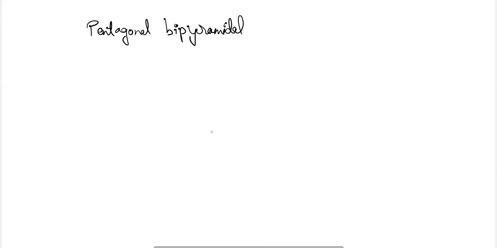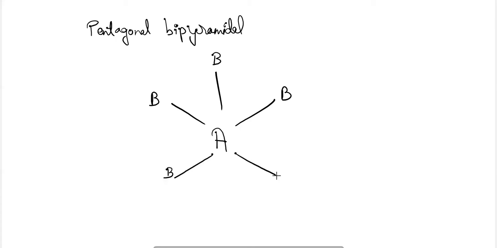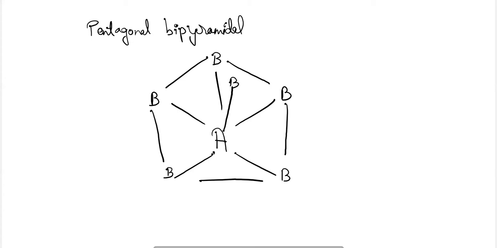For pentagonal bipyramidal, the central atom will attach to five different atoms in a pentagonal plane, like this, and two atoms will be attached to it above and below forming a 90 degree angle.